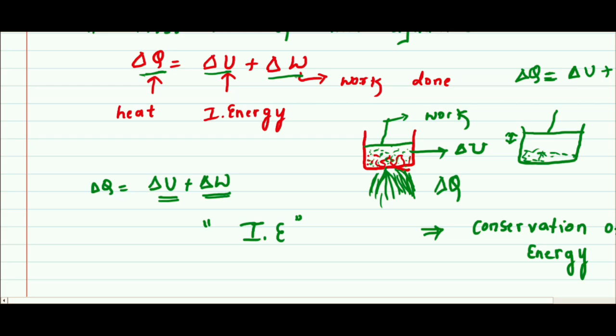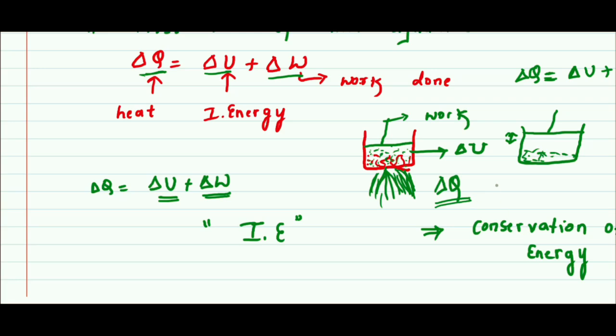This delta Q has been transferred to delta U plus delta W. So we can say that the first law of thermodynamics is concerned with the conservation of energy, where energy can neither be created nor be destroyed. Here the heat energy is neither created nor destroyed, but it is transferred from internal energy to work done.